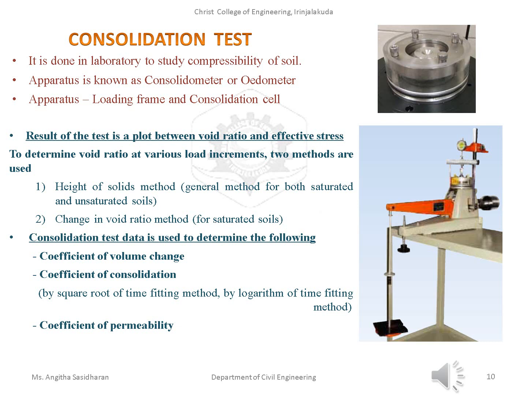There are different methods to find the void ratio, and these are the two methods. We will see them later. The height of solids method is the general one for both saturated and unsaturated soils, and the change in void ratio method is used for saturated soils.